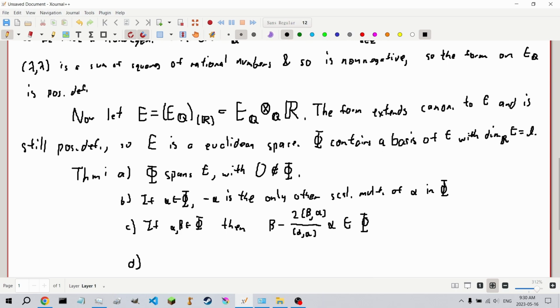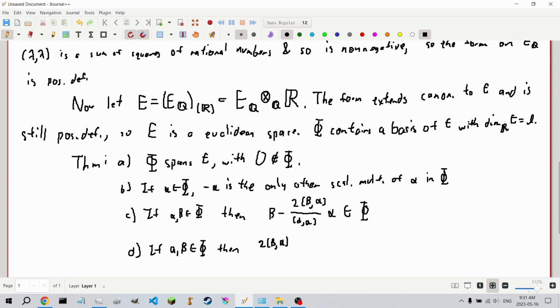And D is that if alpha and beta are roots, then 2 times beta parentheses alpha over alpha parentheses alpha is an integer. And we've seen this.